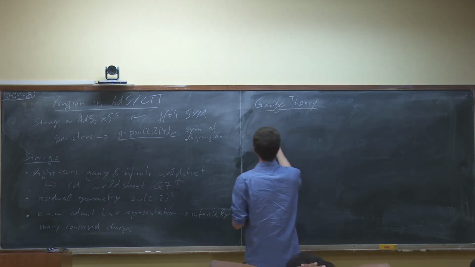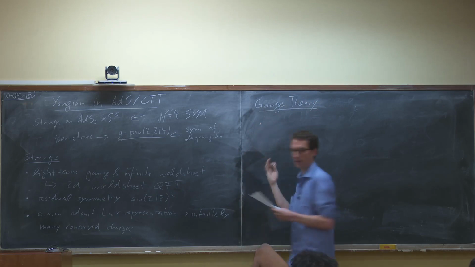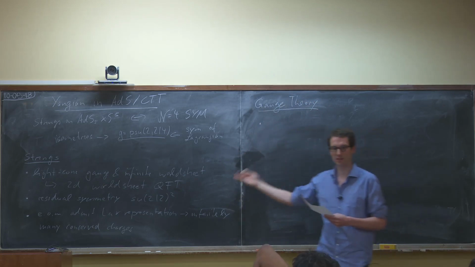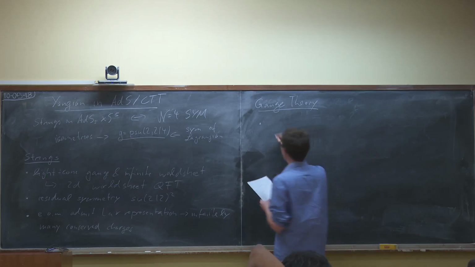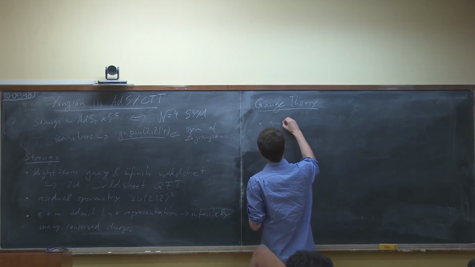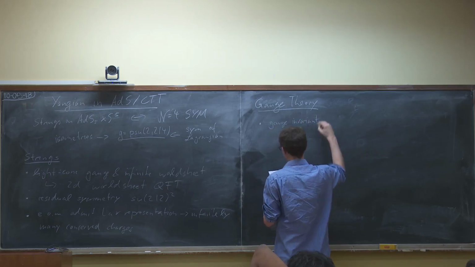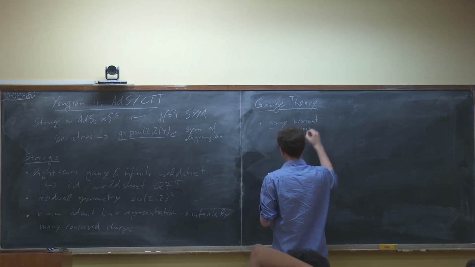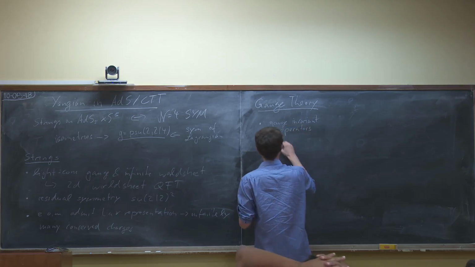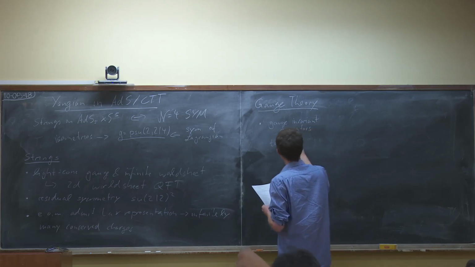On the gauge theory side, if we want to compare the string spectrum to the gauge spectrum, we want to look at the spectrum of gauge invariant local operators, which are traces over our fields.